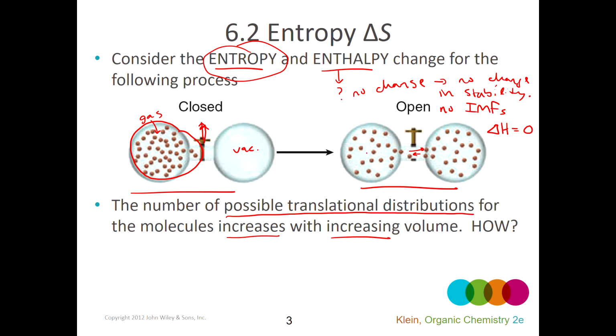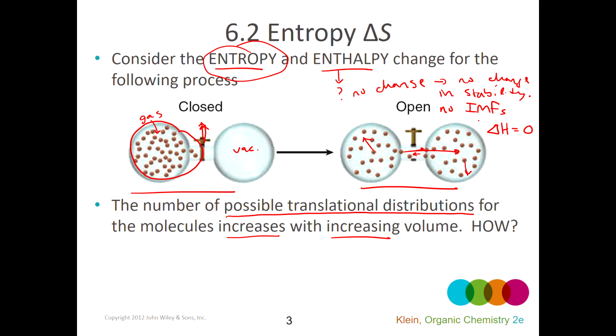There are more ways the molecules can be positioned because there's now a greater volume that they're spread out in, and more ways that they can be moving. They're not limited to flying through space over here; they can fly through space over here and over here. So there's more variety when I increase the volume for a gas.